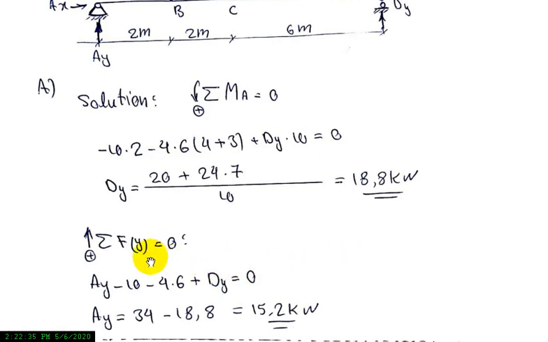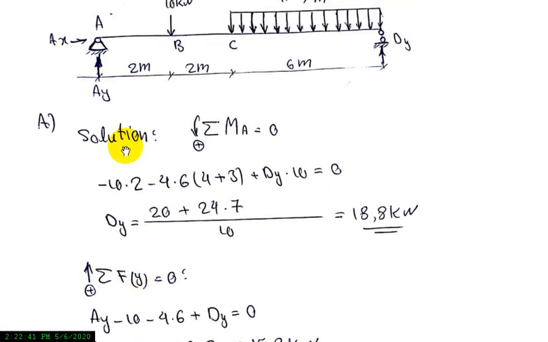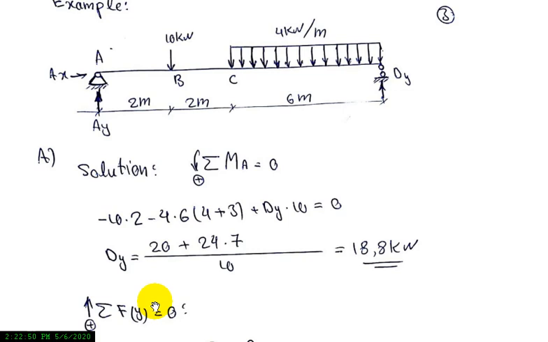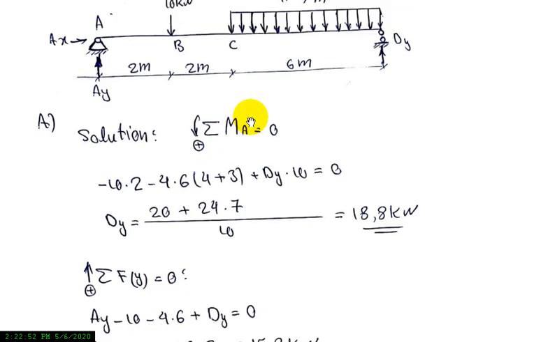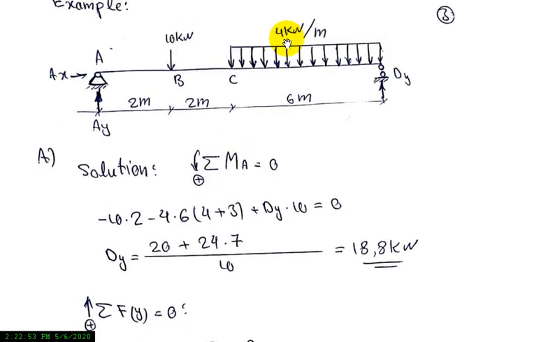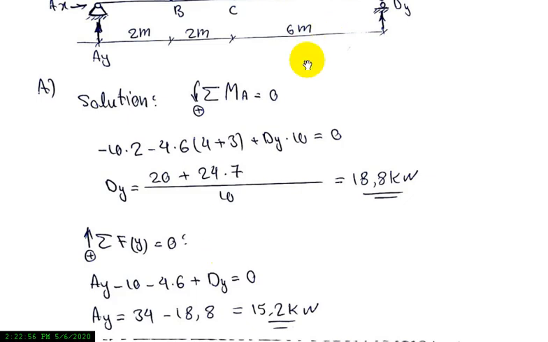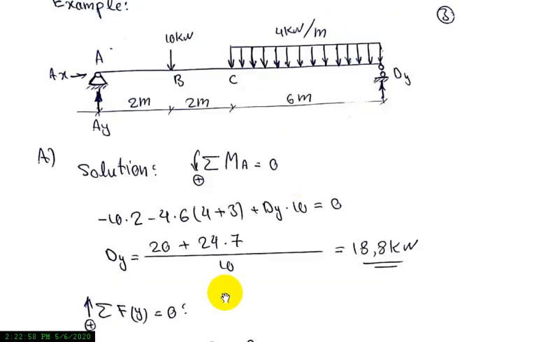Then we use the second equation, the summation of Fy along the y direction equal to 0. Ay, the upward side we accept as positive generally, minus 10 kilonewton, and minus 4 multiplied by its length 6, plus Dy equal to 0.